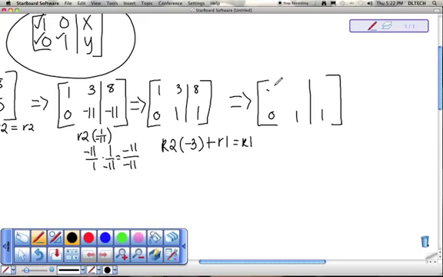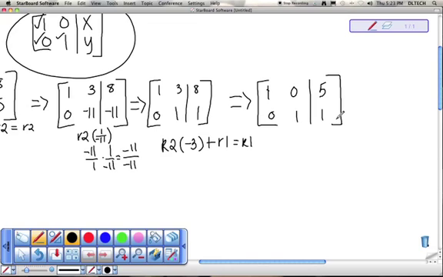-3 times 0 is 0, plus 1 is 1. -3 times 1 is -3, plus 3 is 0. -3 times 1 is -3, plus 8 gives us a 5.